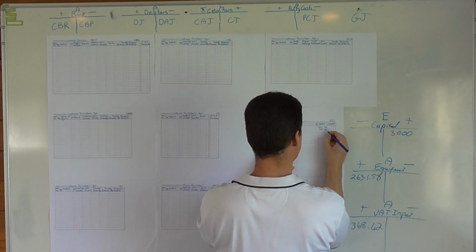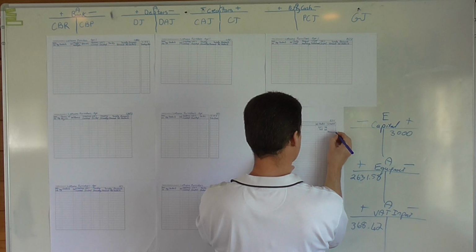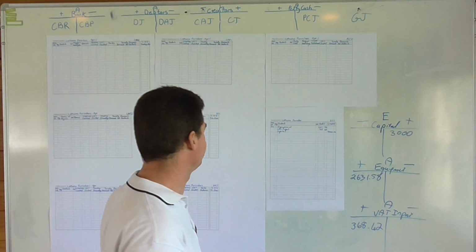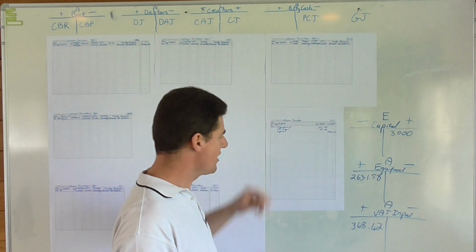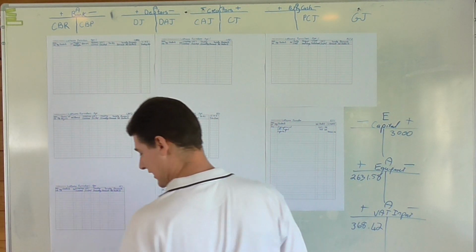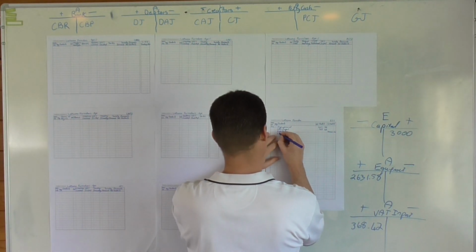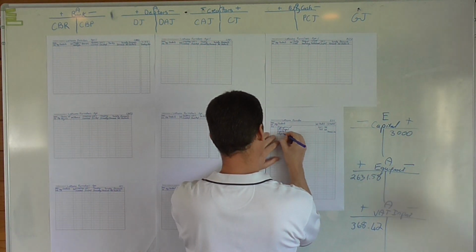And that is 3,000. Now after you've written all of that, you can just write a little explanation of what happened there. So here we can just say the capital contribution by the owner.